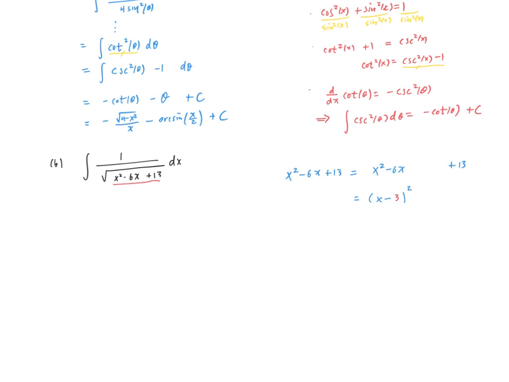And how do we go from that minus 6 to 3? We simply divide that coefficient of x by 2. And if you were to write out all of the terms for x minus 3 quantity squared, it would be x squared minus 6x plus 9. And if we want a plus 9, we either have to borrow it from the 13 or just write plus 9 minus 9. Minus 9 plus 13 leaves a plus 4 left over.